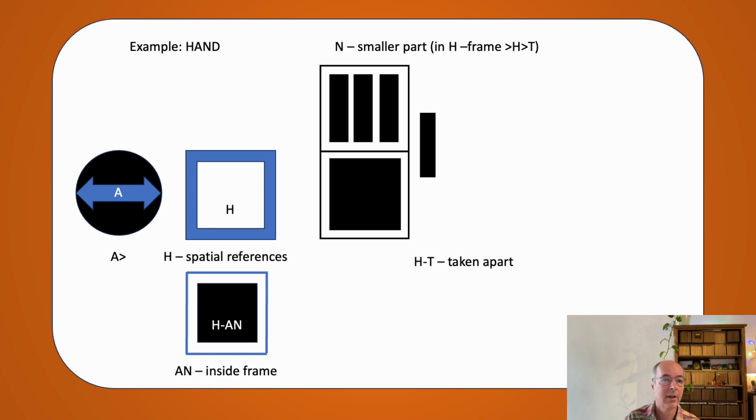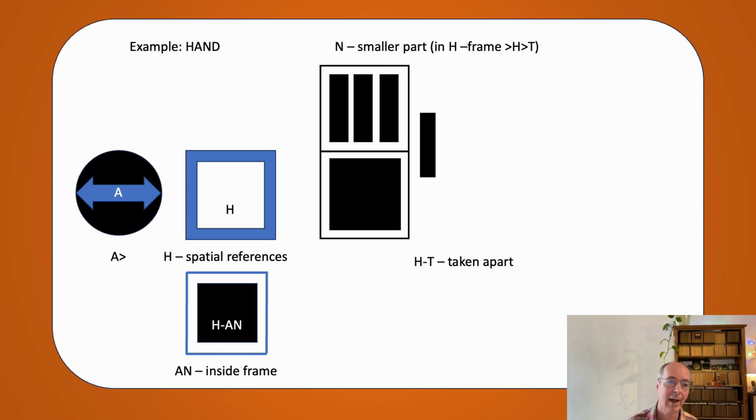This is quickly done just to give you an idea how you should combine these kinds of letters. The H is actually about spatial references. So you have the spatial references in a big frame, and all the spatial references and interactions matter. It's not just one space, it's the spaces of the different elements that are important, and they play a role to put all the elements together.